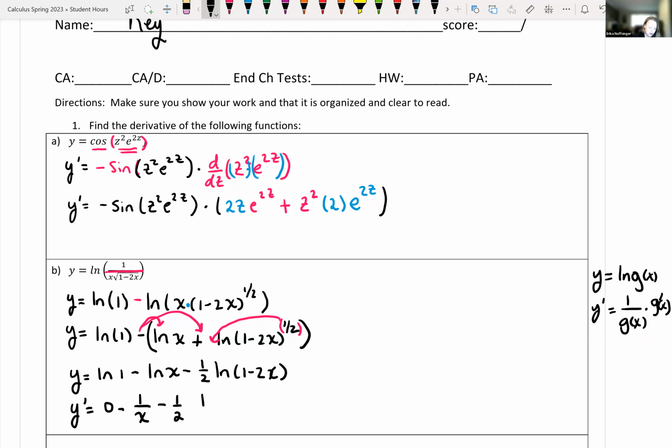So that would give us 1 all over what we were taking the natural log of, 1 minus 2x, times the derivative of the inside, which is -2. So notice that we can simplify here a little bit. The 2's cancel in our numerator and denominator, and I have a minus a negative, which is going to be a plus. So our derivative function y prime is equal to -1 over x plus 1 over 1 minus 2x.